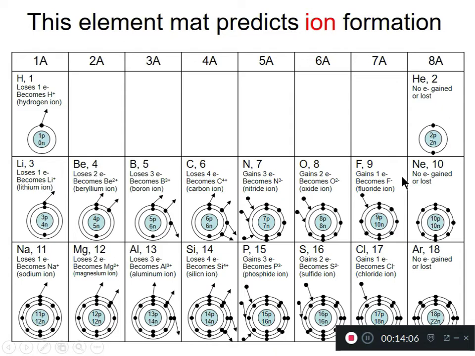Okay, let's just stop and take a look. If hydrogen loses this electron, how many electrons are in this outermost orbit? It'd be 0, right? And helium, it says no electrons gained or lost. Lithium loses an electron.